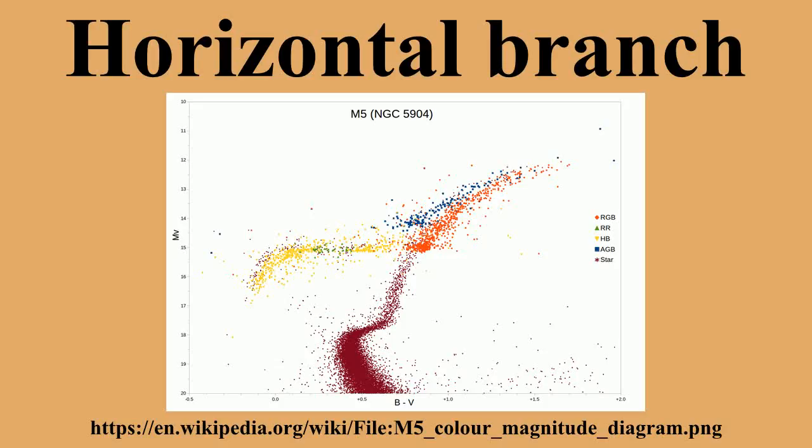Chemical composition is one factor, but other stellar properties like rotation and helium content have also been suggested as affecting HB morphology. This has sometimes been called the second parameter problem for globular clusters, because there exist pairs of globular clusters which seem to have the same metallicity yet have very different HB morphologies.